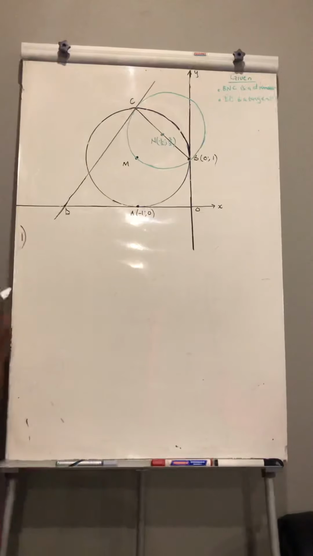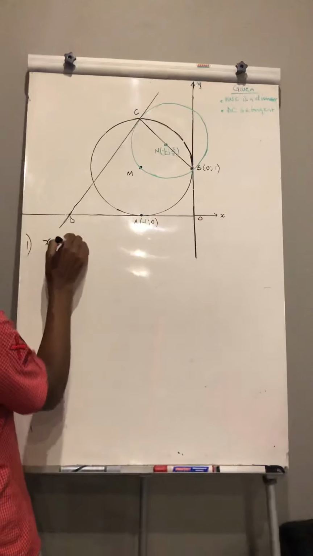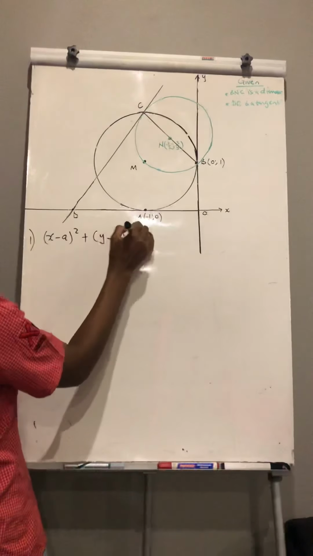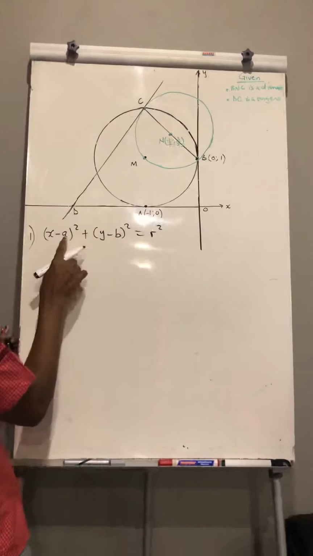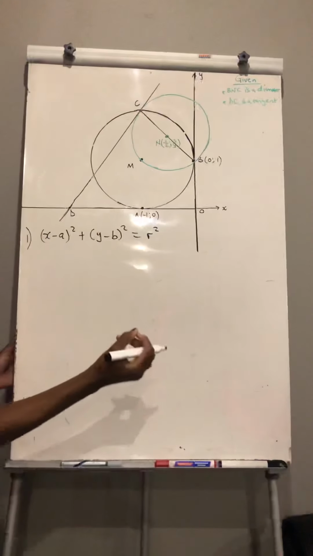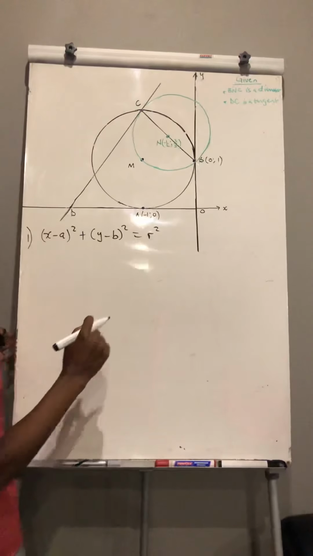So let's try to do it. Normally, if we want the equation in this form, from what we gathered back then, we know that this will be representing the coordinates of the center of the circle. And then this one here, we just have to know the radius of the circle.